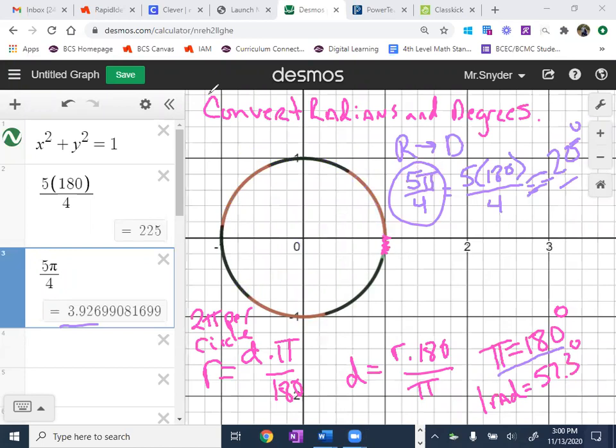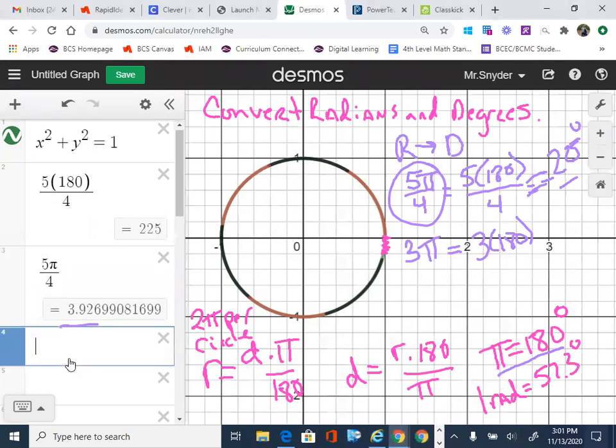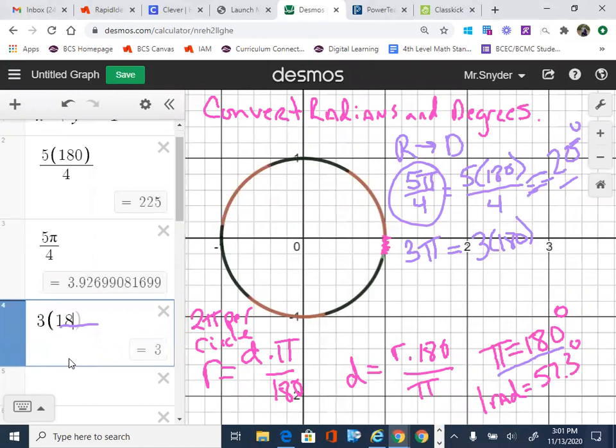Let's go ahead and keep on working with this just a little bit more. Now, I could say, let's look at 3 pi. Let's convert that out. Well, this one is a little bit trickier because I can say, well, pi is equal to 180 degrees. Okay, so 3 times 180, well, that is 540.